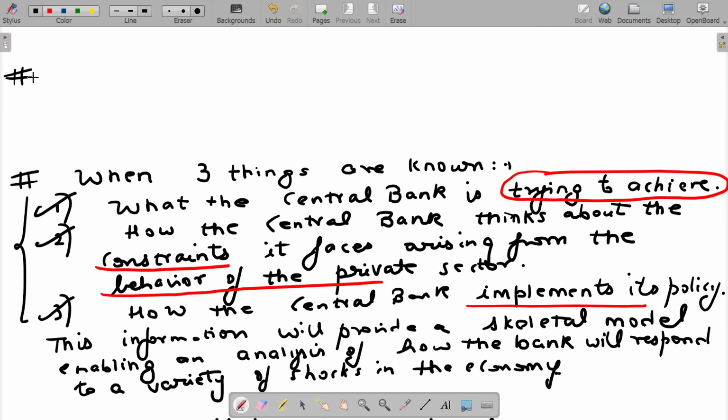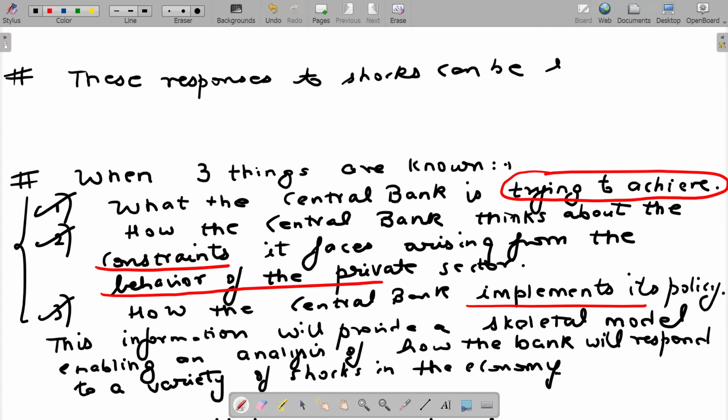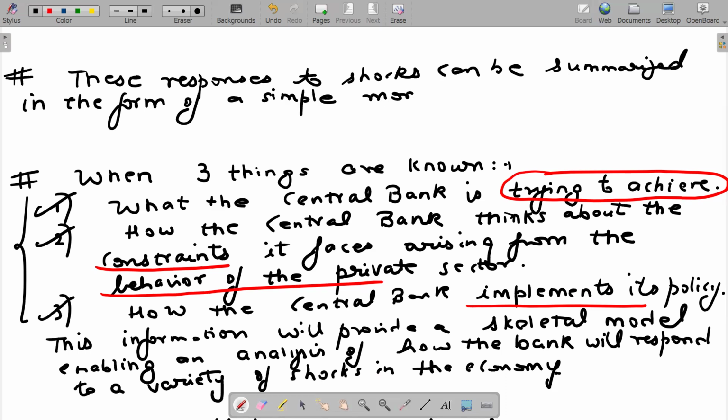I can write that these responses to shocks can be summarized in the form of a simple monetary policy rule.